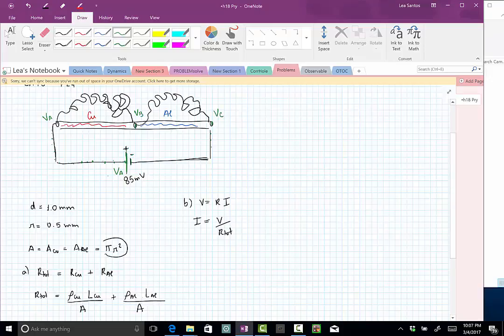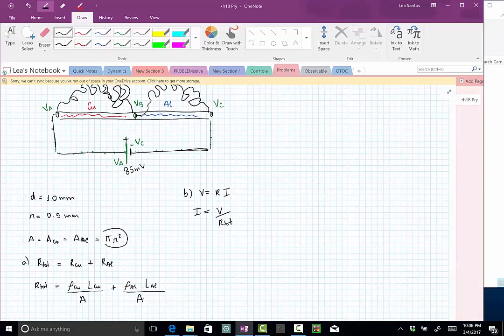And then here will be very close to VC. Of course, it's decreasing, but very close. And this is the lower potential. Very well. So the question is, what is this potential difference for the copper part? What is VA minus VB?